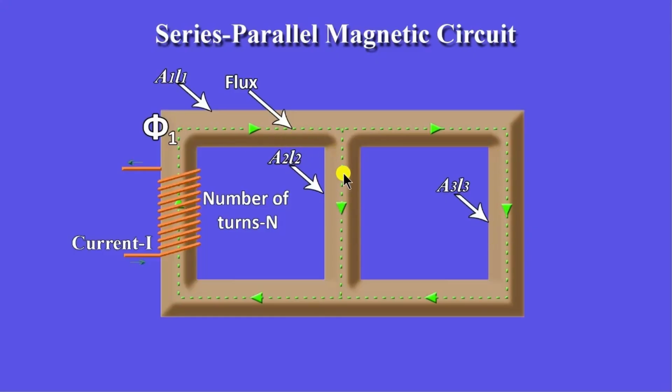So the flux passing through this path is phi2 and through this path is phi3. The flux coming from this path is in series with these two parallel paths, so this circuit can be called a series parallel magnetic circuit.